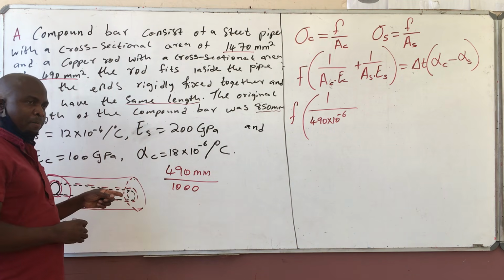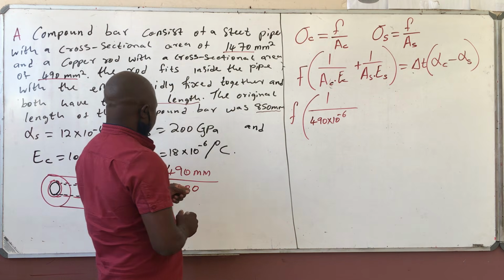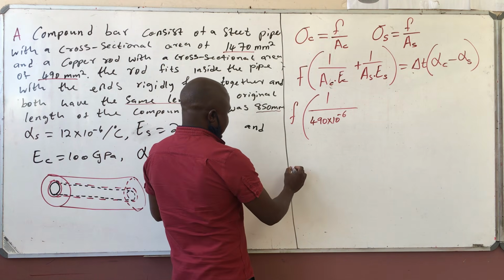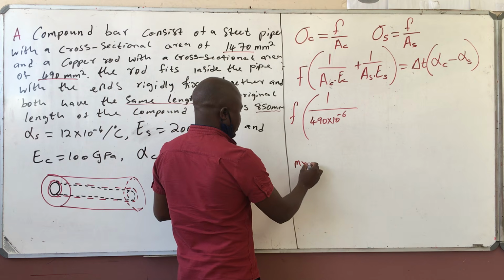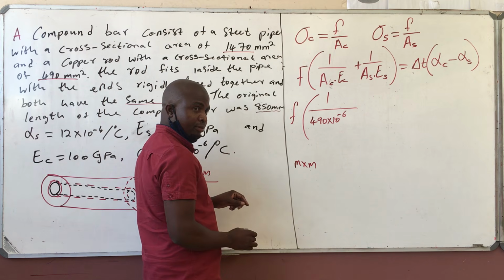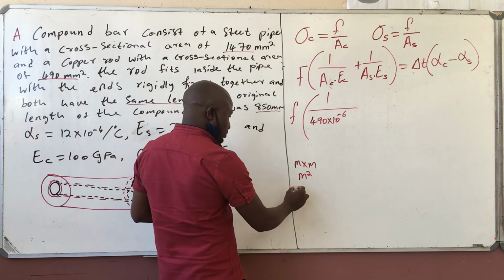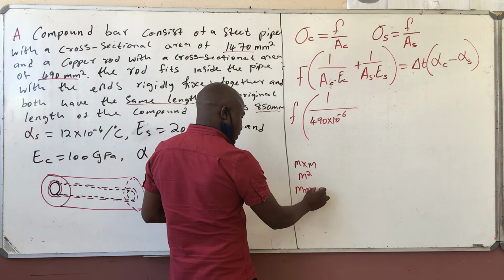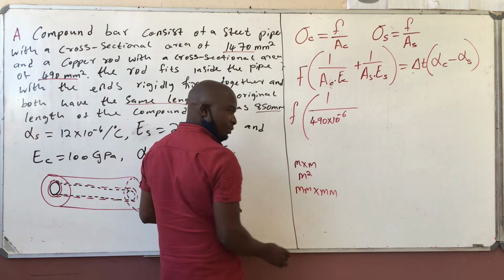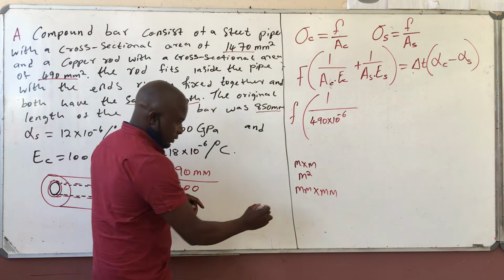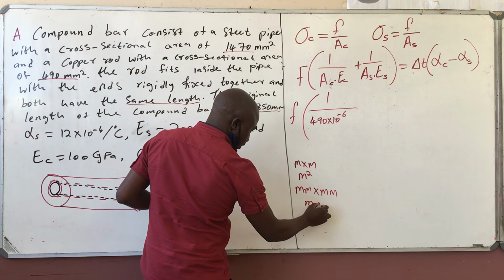What is M times M? M times M is meter square, right? What is millimeters times millimeters? Millimeter square, right?